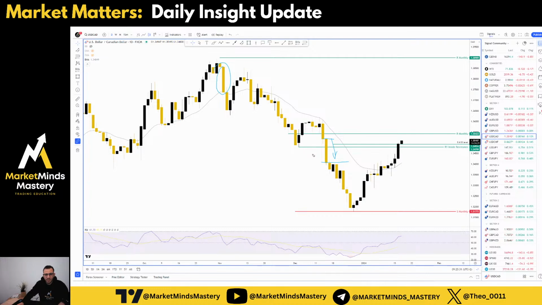And if someone uses platforms, I'm not going to name all the platforms now, there are a few good platforms that show the volume levels at each price area, and usually the middle of these candles carries a significant amount of volume.